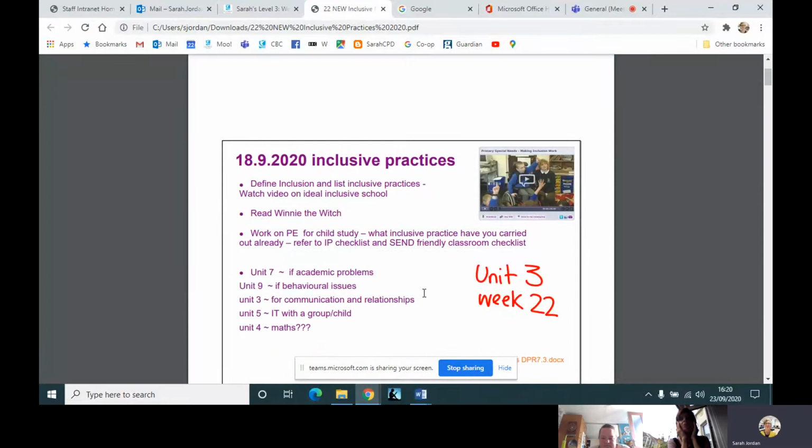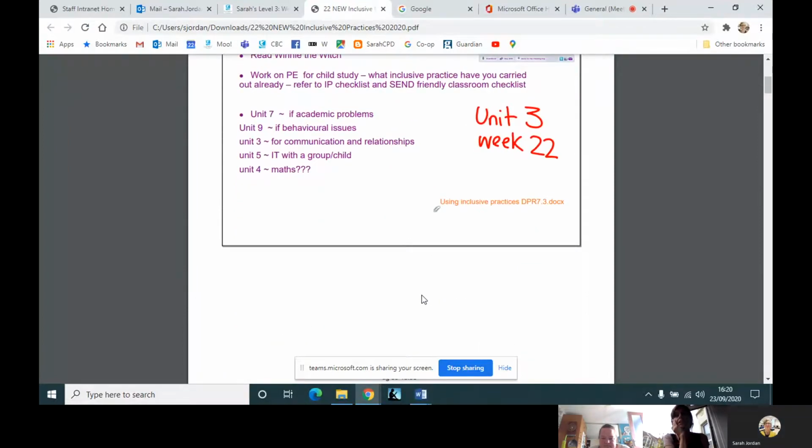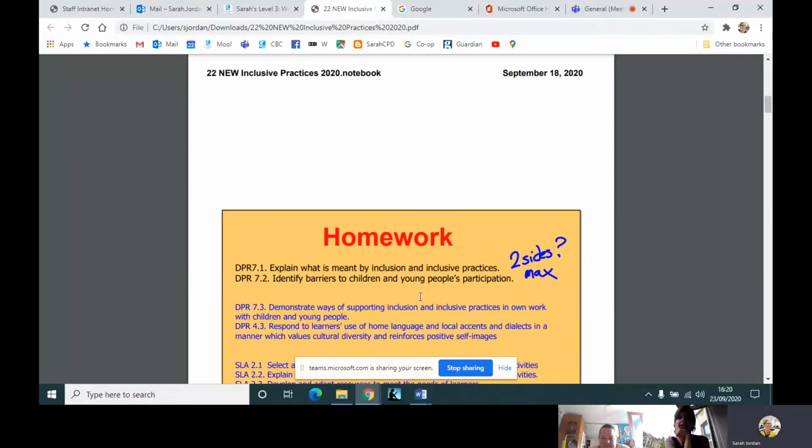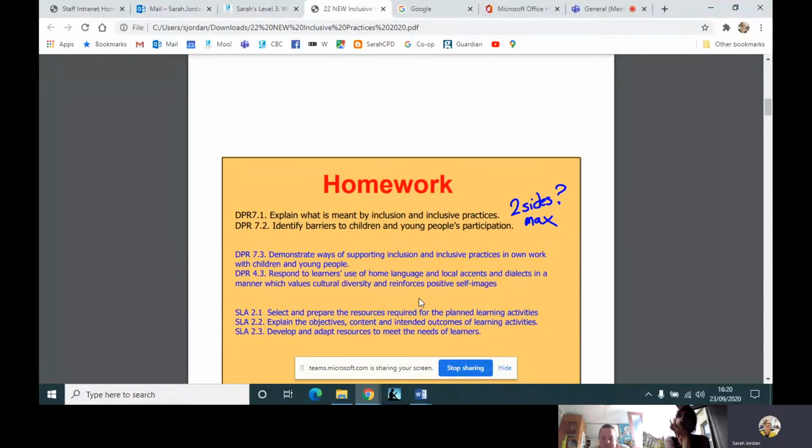But I don't know whether they had the same funding to help with stuff then anyway. No, and it's a government policy now that as many children as are able, if their parents want them to, should be in mainstream. Not that they've necessarily fully funded that, but the government policy is in that direction.